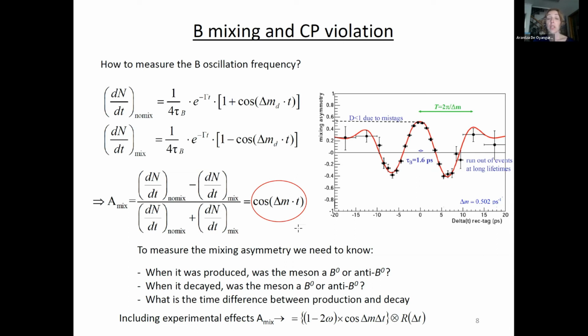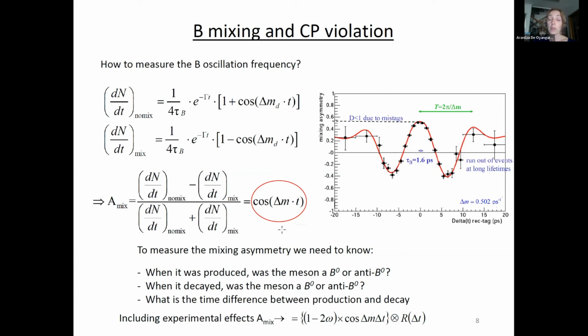So if we want to measure this asymmetry and extract the oscillation frequency, what we have to do is to know well what we had when it was produced, if we had a B0 or an anti-B0, and then what happened when it decayed, if it was a B0 or an anti-B0.